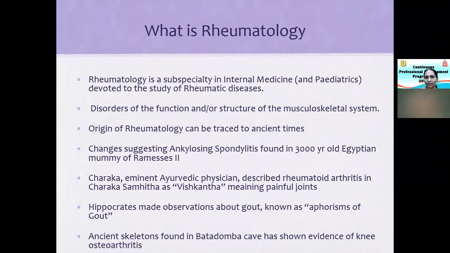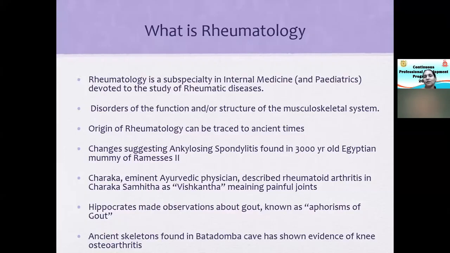The origin of rheumatology can be traced to ancient times, and changes suggesting ankylosing spondylitis have been found in the ancient Egyptian mummy of Ramesses II way back 3,000 years ago. Charaka, an eminent Ayurvedic physician, described rheumatoid arthritis in his Charaka Samhita as Vishkanta, meaning painful joints.